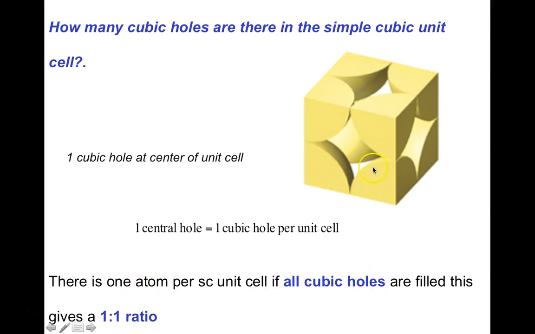So if you put an interstitial atom into every cubic hole, because you get 1 atom for a simple cubic unit cell, and then you're going to get one cubic hole right in the middle there. If you fill all of those holes, you'll get a 1-to-1 ratio of host to non-host.